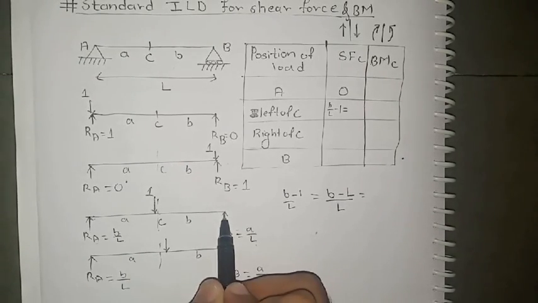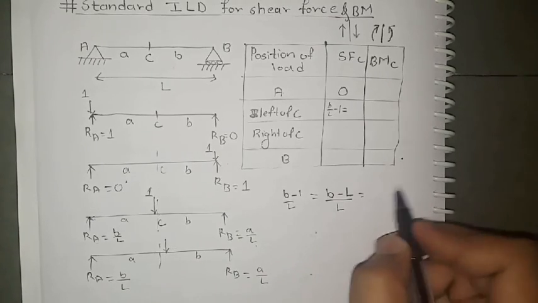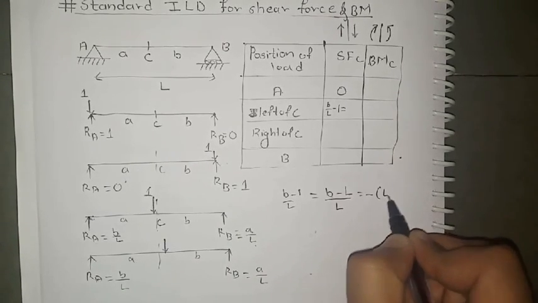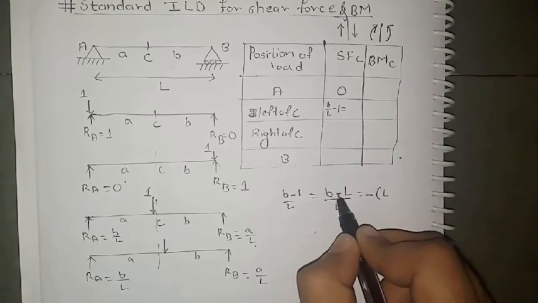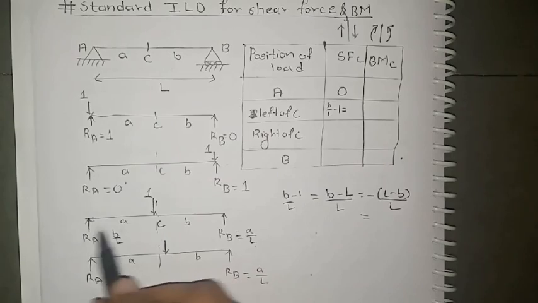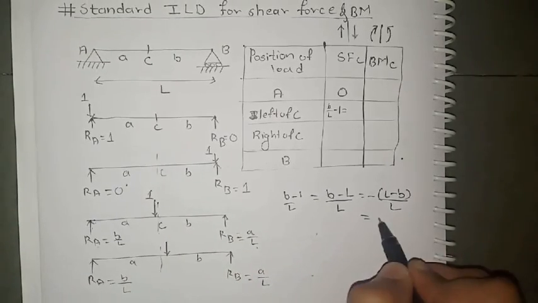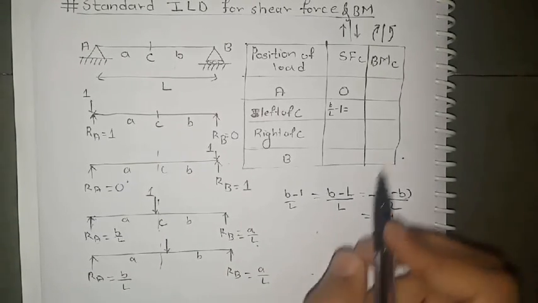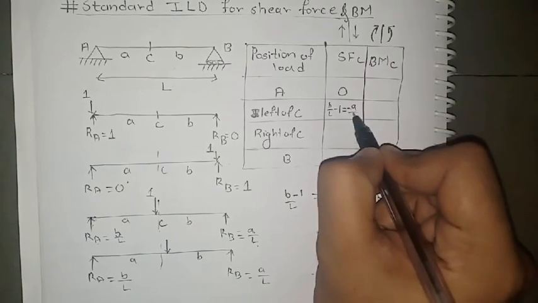The total length is L. We can also write this as minus, taking common, L minus B divided by L. L minus B is A. So it will be minus A by L.